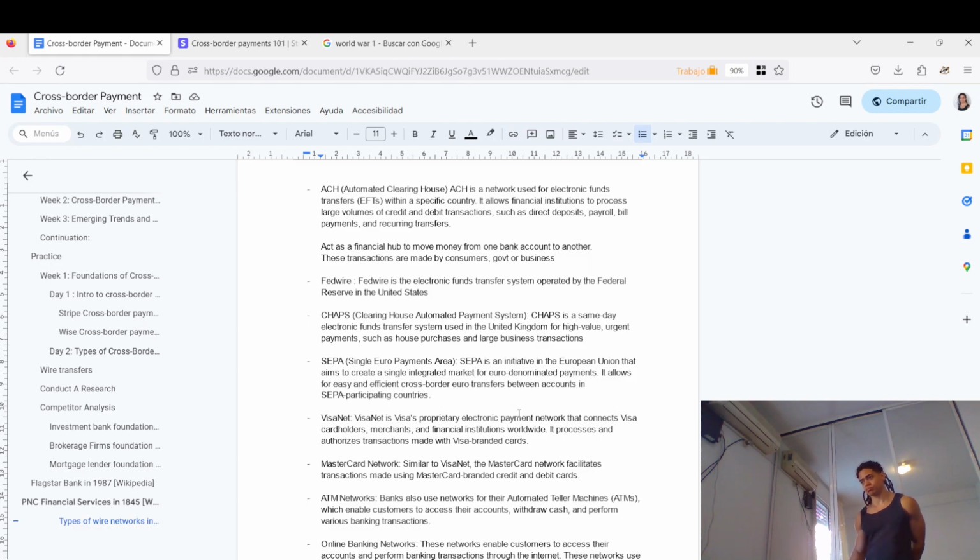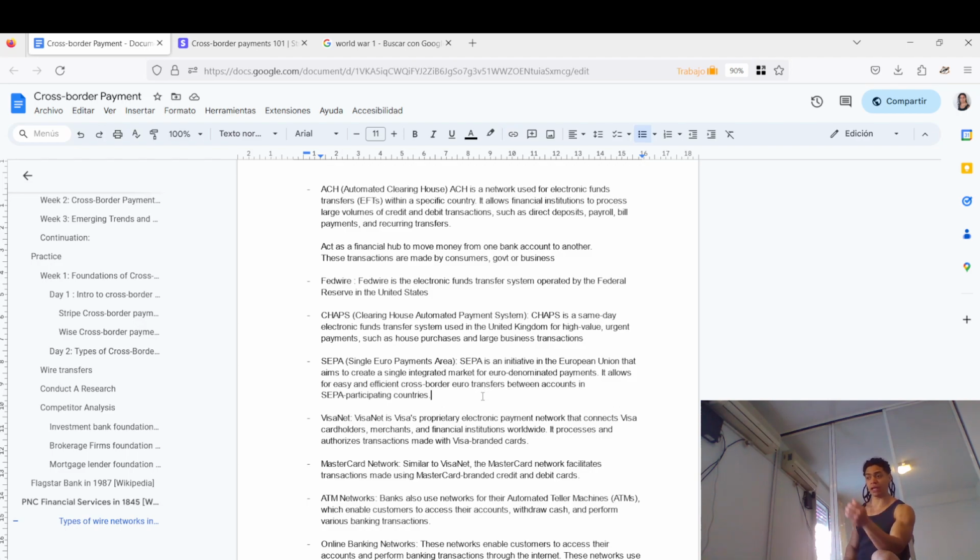So SEPA, the Single Euro Payment Area, is an initiative by the European Union that aims to create a single payment market for euro-denominated payments.